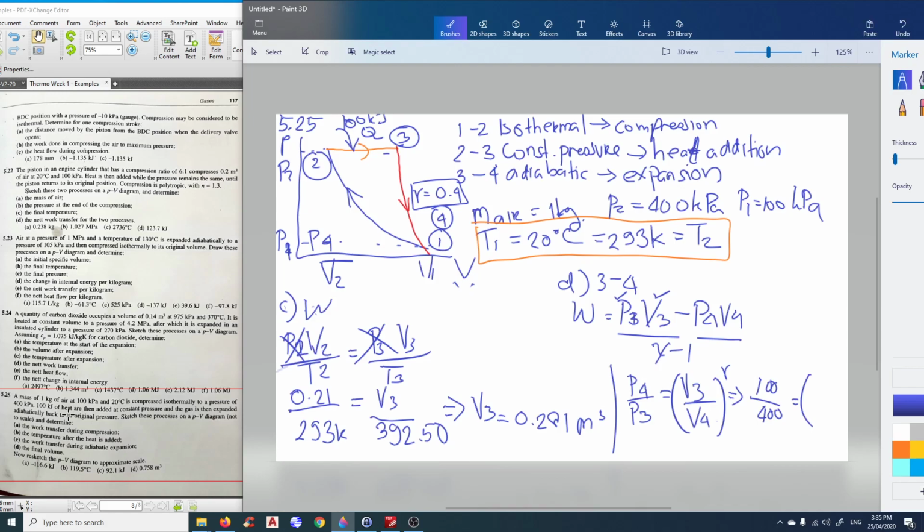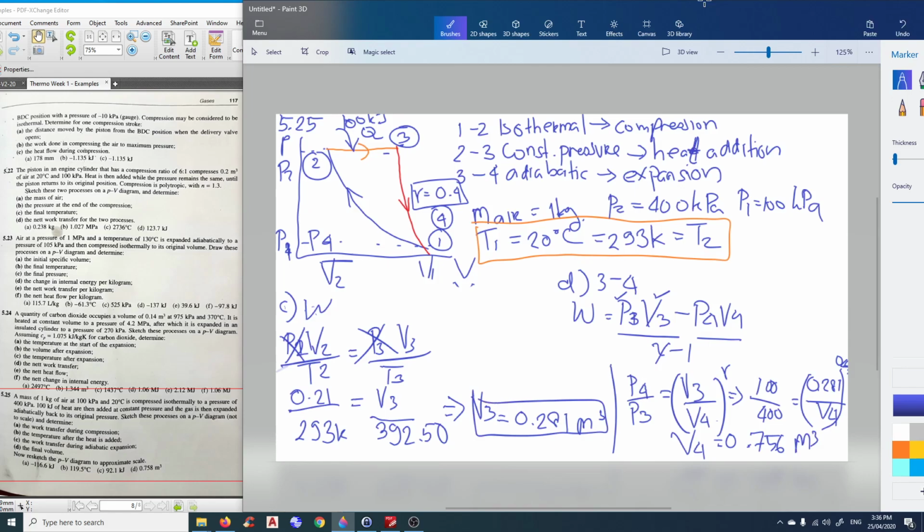V3, we have that, 0.281, to the power 0.4, and V4. V4 equal to 0.756. I'm going to explain how you take V4 out of this equation in a minute, so just bear in mind.